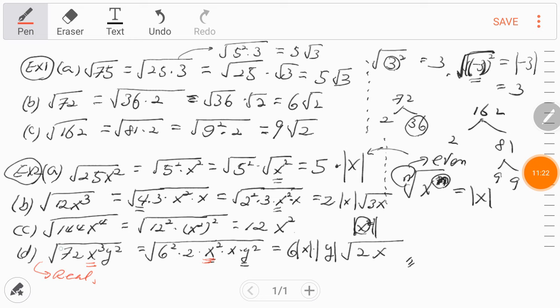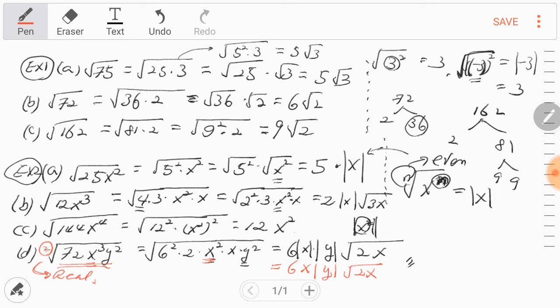If this is a real number, the index is even, so the inside must be positive, so x cannot be negative. If x is negative, then this radicand becomes negative, and then this is not a real number. So if we assume that this is a real number, then x has to be a positive number. In that case, you don't have to put the absolute value on this x, because x is always positive, so we need only the absolute value of y.